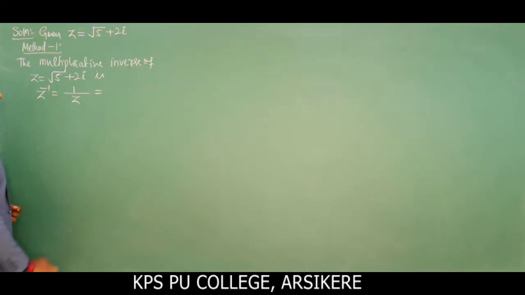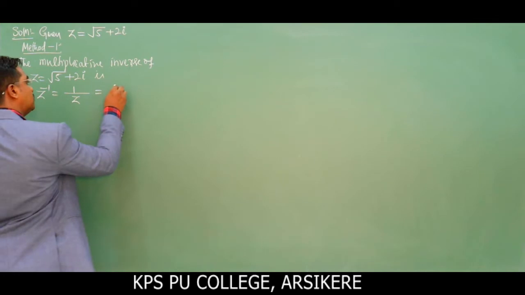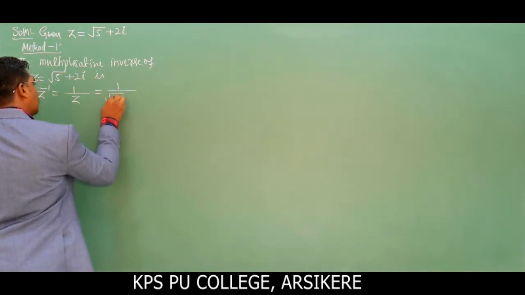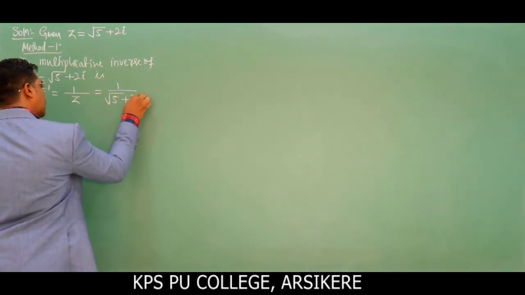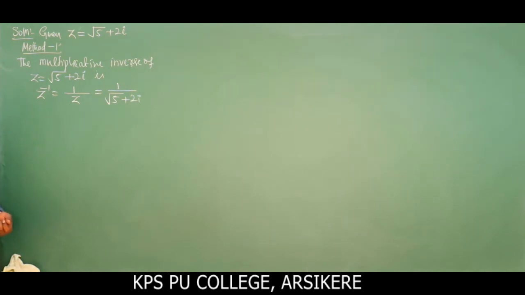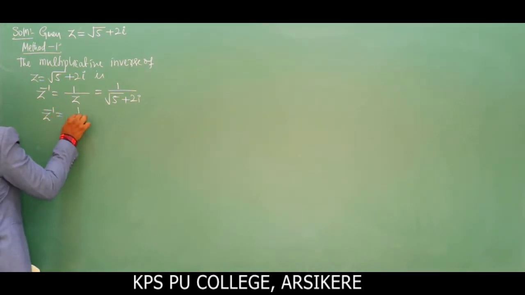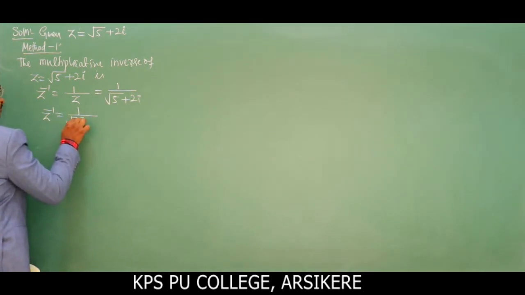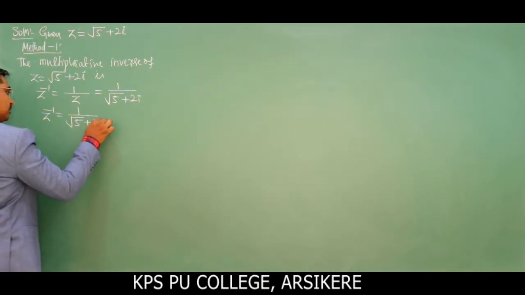So just substitute there. So what are we left with? 1 divided by root 5 plus 2i.